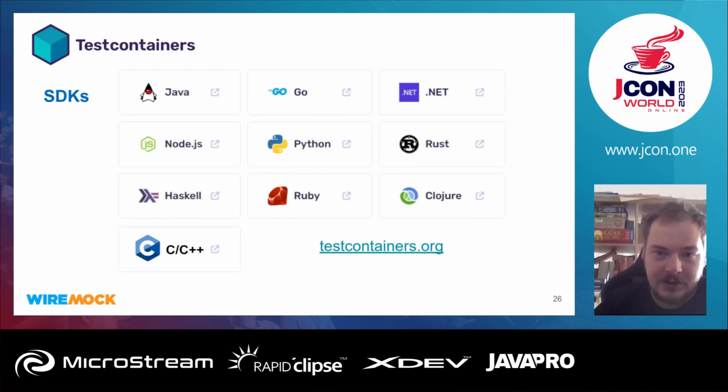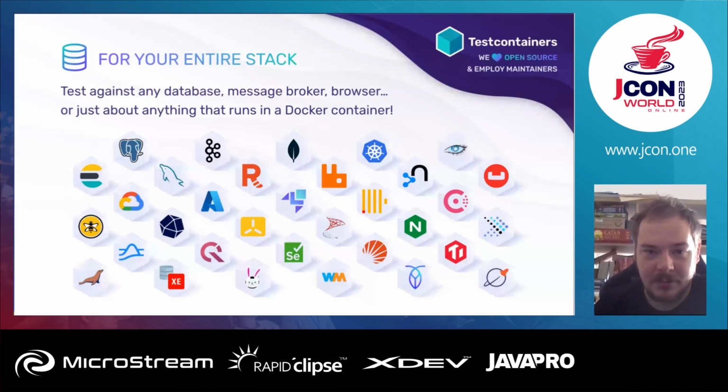It started for Java, and now it has a lot of integrations and a lot of implementations for different technology stacks. What is more important, it has native integrations with modern frameworks. For example, if you develop for Spring Boot, Testcontainers is a part of Spring Boot automation tooling. If you use Quarkus, now Testcontainers has a developer service that allows you to run every module of Testcontainers quite easily for Quarkus development.